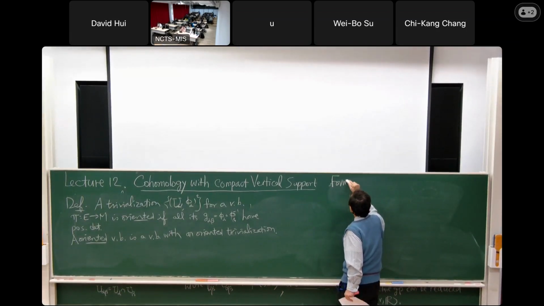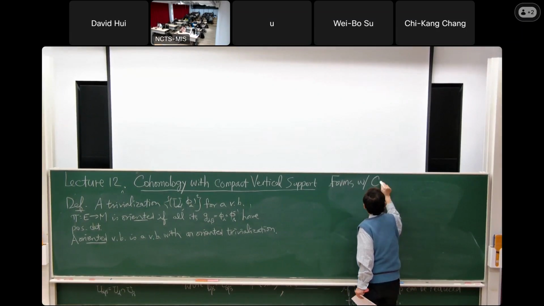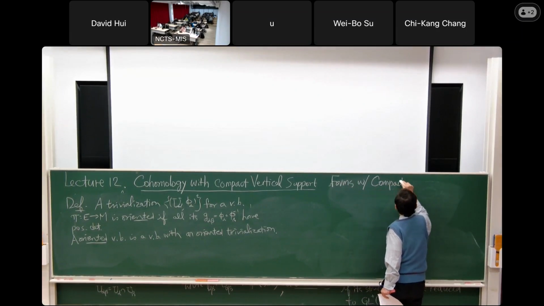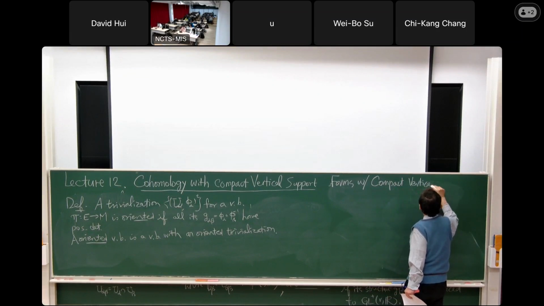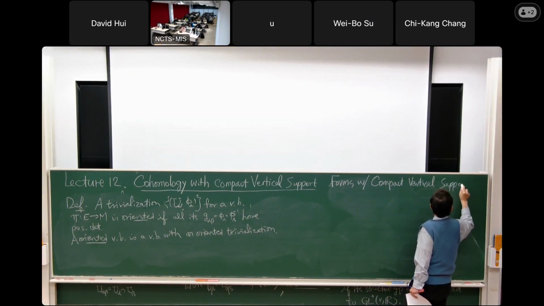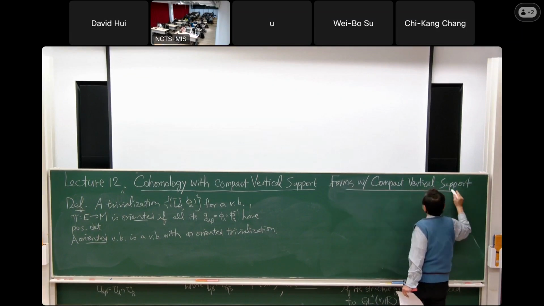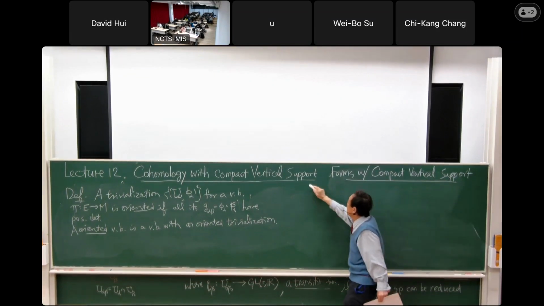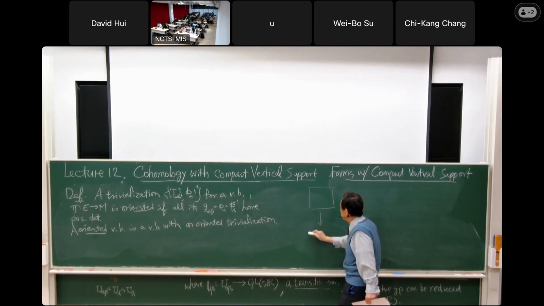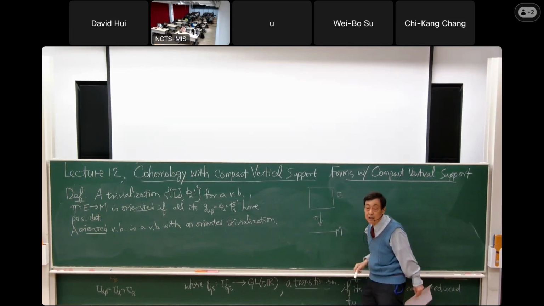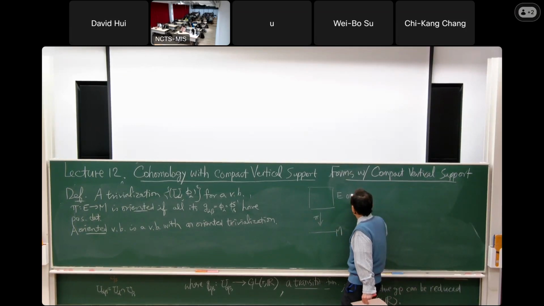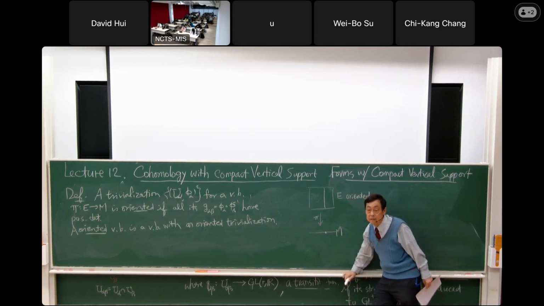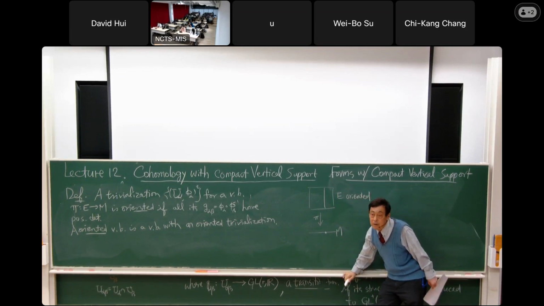Forms with compact vertical support. Okay, so let's say you have a vector bundle, and it's oriented so that each fiber is an oriented vector space, well, R^n.